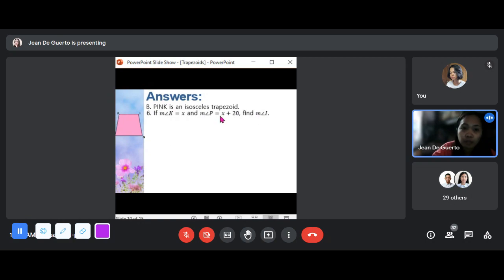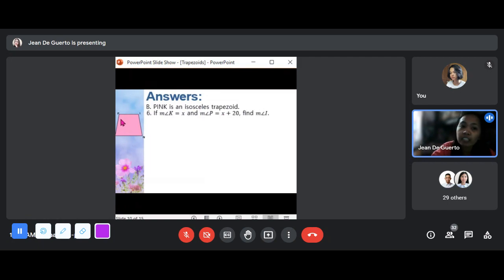Okay? So, mamaya, para makuha natin yung answer for question number 6, ito ang gagamitin natin. But first, we need to identify kung ano muna yung value ng x.